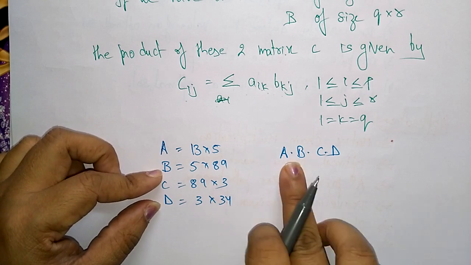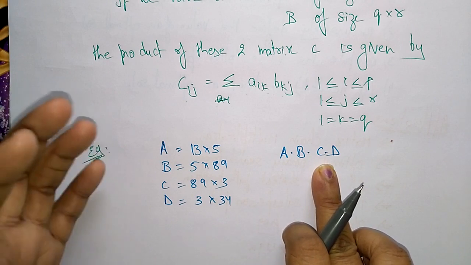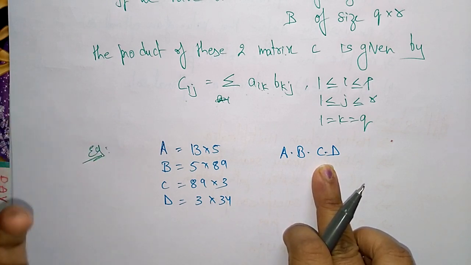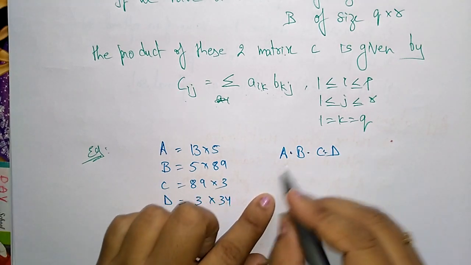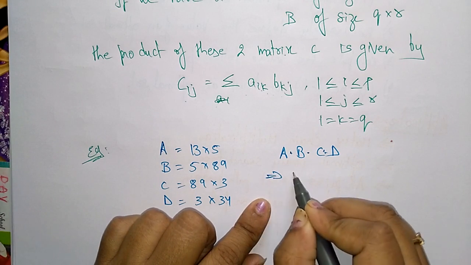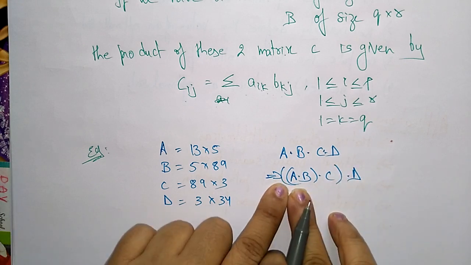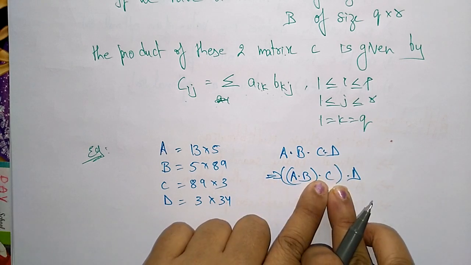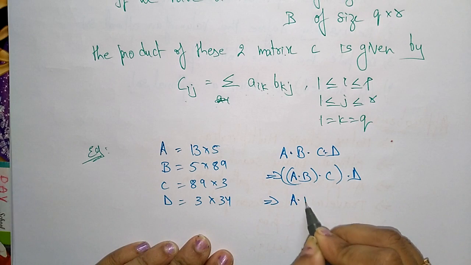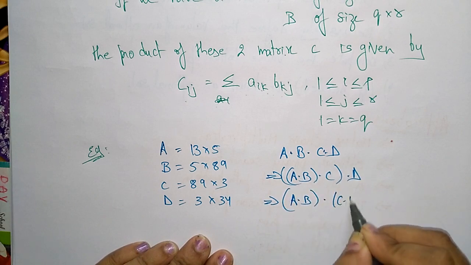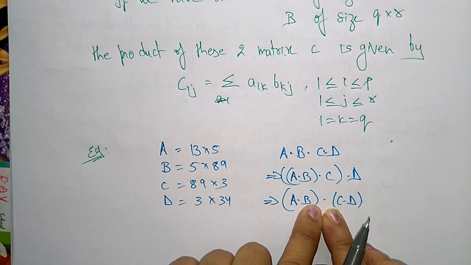These four matrices can be multiplied in different ways, which means we can follow different trees. Here there are three multiplications, and we can multiply the matrices like A into B into C into D, meaning first multiply AB, then multiply that with C, and then multiply the result with D. Or else you can multiply A dot B first and next C dot D, and then multiply the results of these two again.